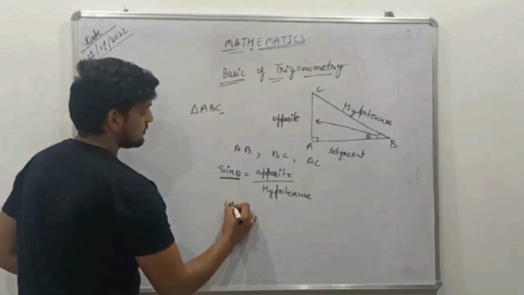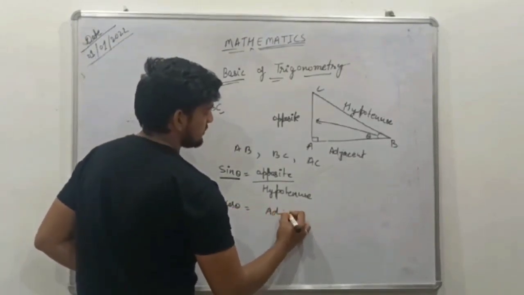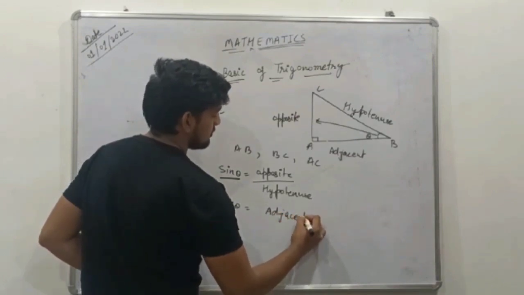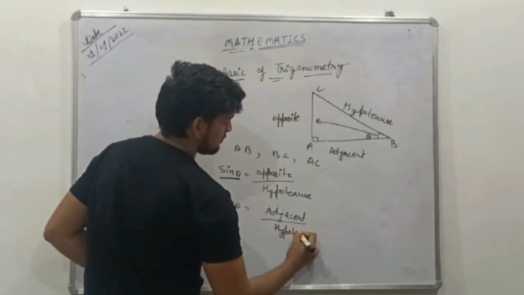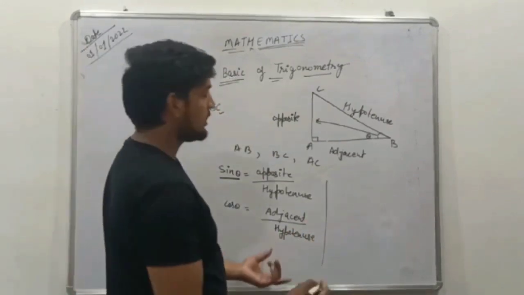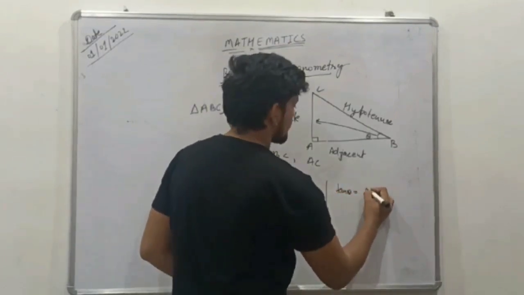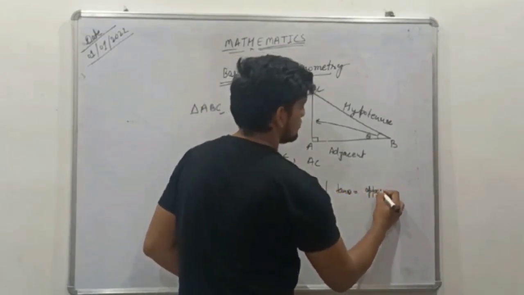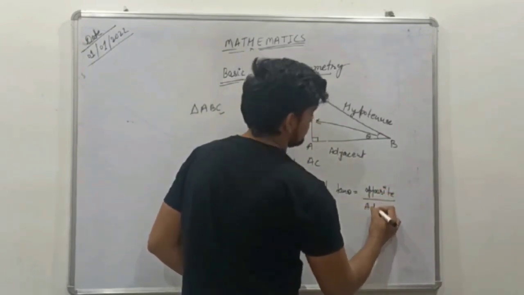And cos theta is equal to adjacent upon hypotenuse. And the last one is tan theta, and tan theta is equal to opposite upon adjacent.